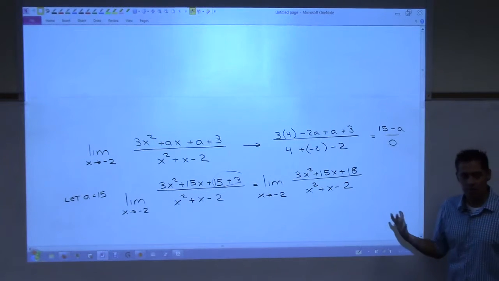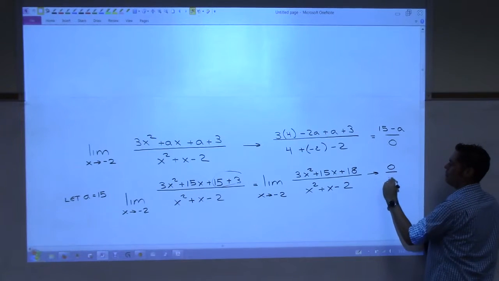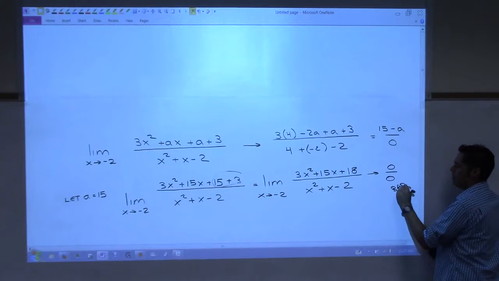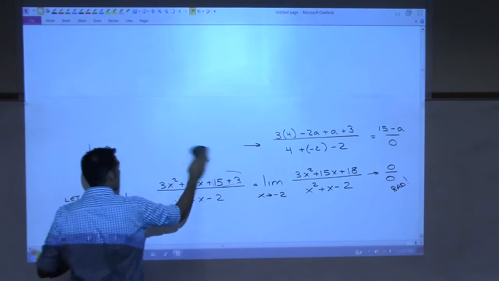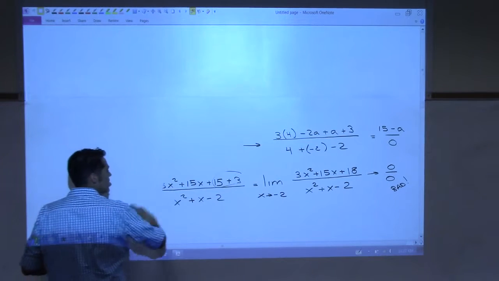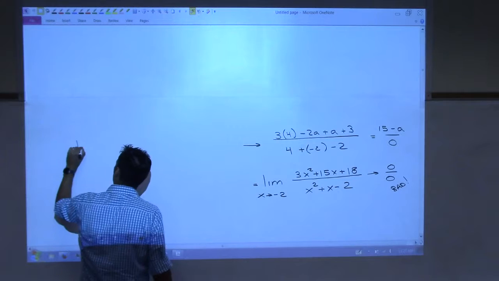But we know how to do these, right? In this case, we would get the 0 over 0. This would be bad, and we would try to do some algebra. Since they're both polynomials, in fact, both quadratic trinomials, we can try to factor. I believe that the numerator will factor.